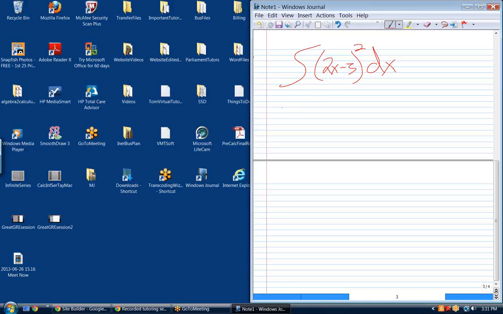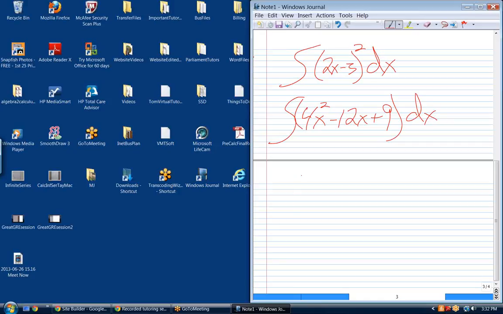In other words, we know that the integral of sums and differences is the same as the sums of those integrals. So when you square this, you get, now it's easy to take the integral.